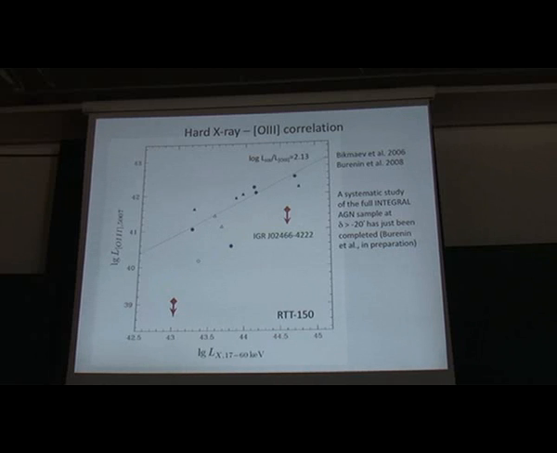But in order to test this model, you definitely should have a large sample without any biases, and INTEGRAL presents you this sample. So we just started to do this, and for example, we already discovered some interesting things.